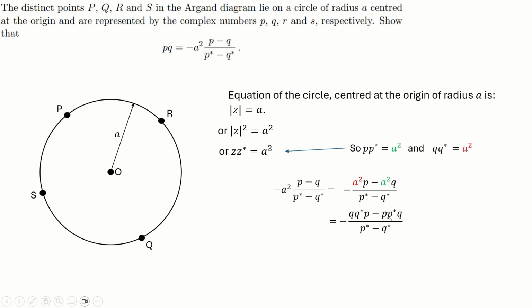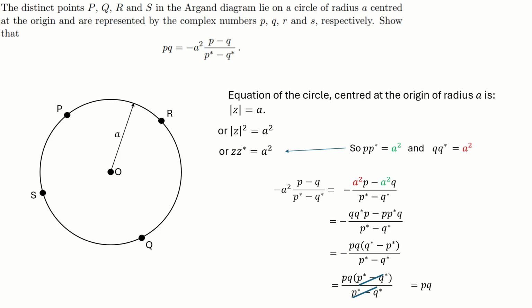Oh, but I've actually replaced it the wrong way around. So if you replace it the wrong way around, by putting the q q star into that one and p p star into that one, then you end up with a term that you can then just factorize out the pq, right? And then of course you have this minus this over this minus this. Well, that's just the wrong way around. So factorize this to be the other way around by putting the minus out here, getting rid of that minus essentially. And you can make them the same, and then you can cancel them out, and we end up with just the pq times 1, or just pq left over.